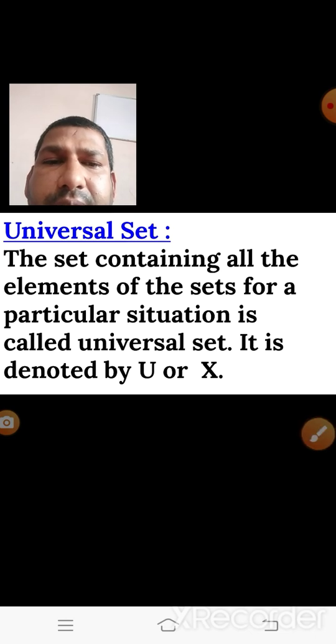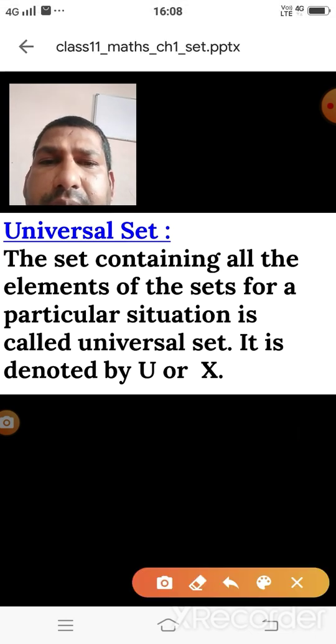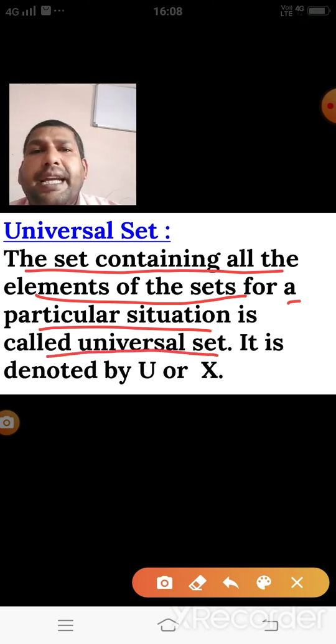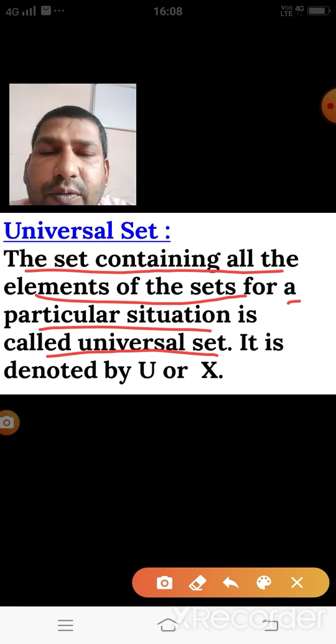And the last one we have is the universal set. The set containing all the elements of the sets for a particular situation is called the universal set. Means we are able to create a universal set if the sets are given according to the situation.